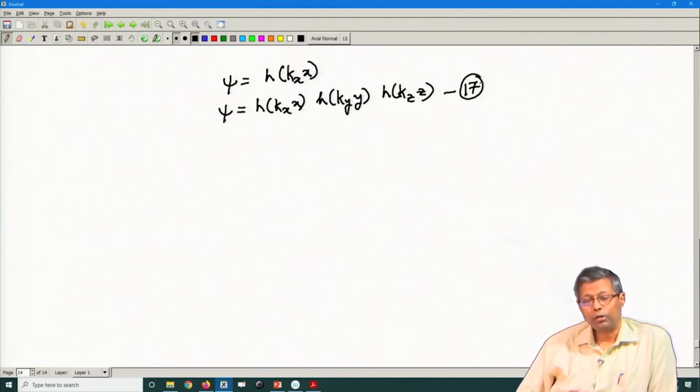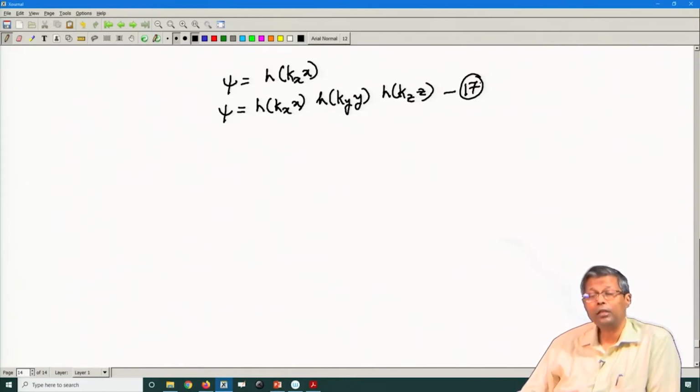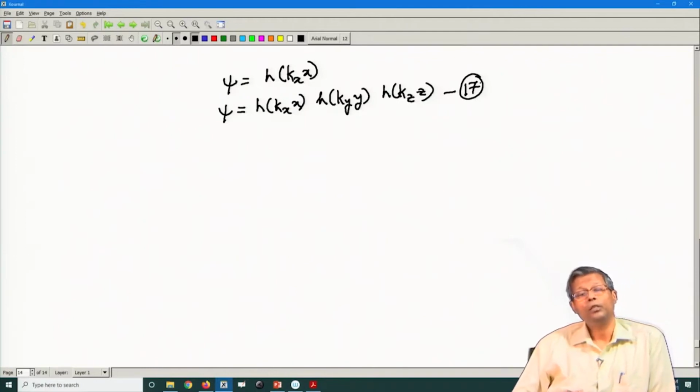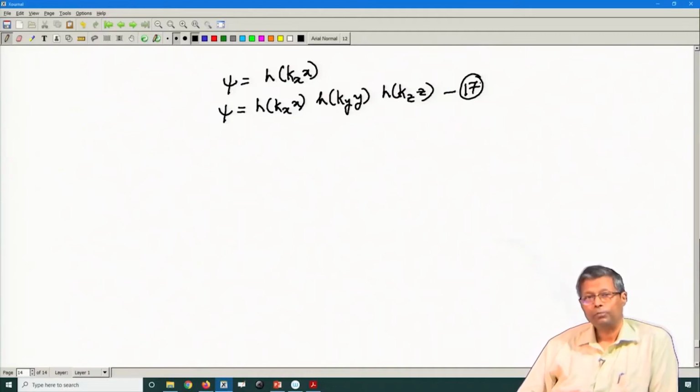So, we choose the appropriate harmonic function, and the values of kx, ky and kz are chosen by appropriate applications of boundary conditions. But kx, ky and kz will always obey the relationship kx square plus ky square plus kz square equal to k square, where k is the wave number in that particular medium.